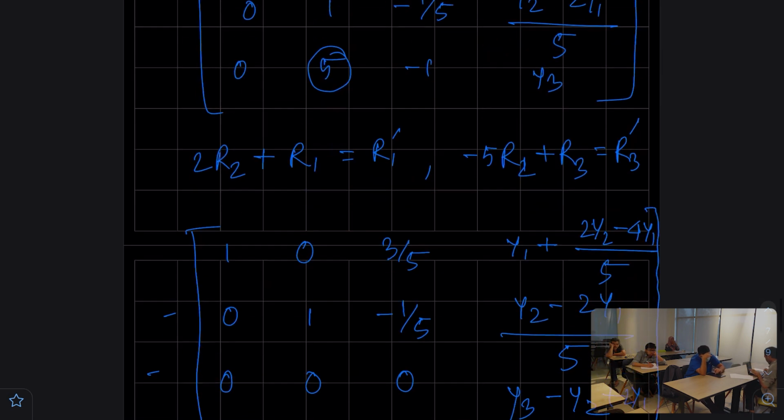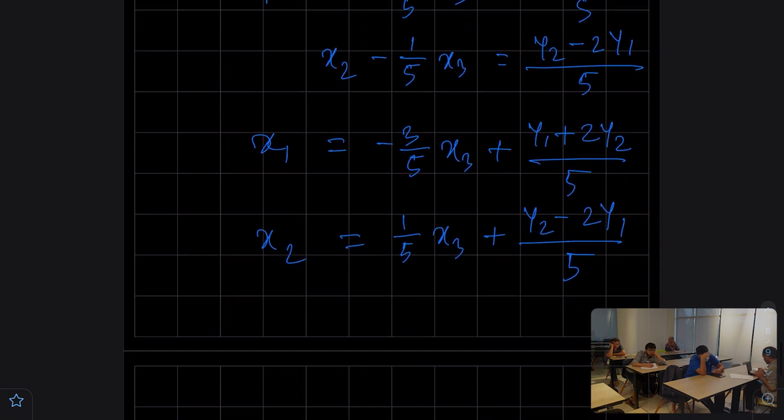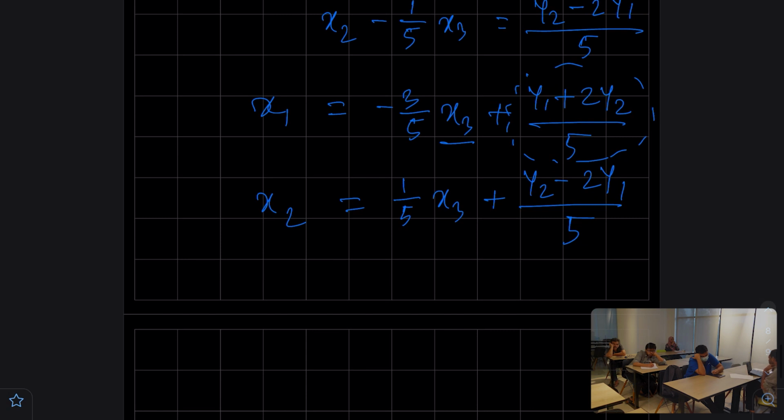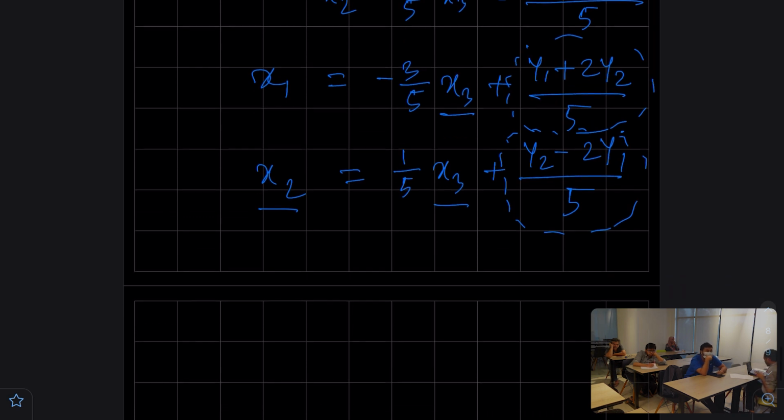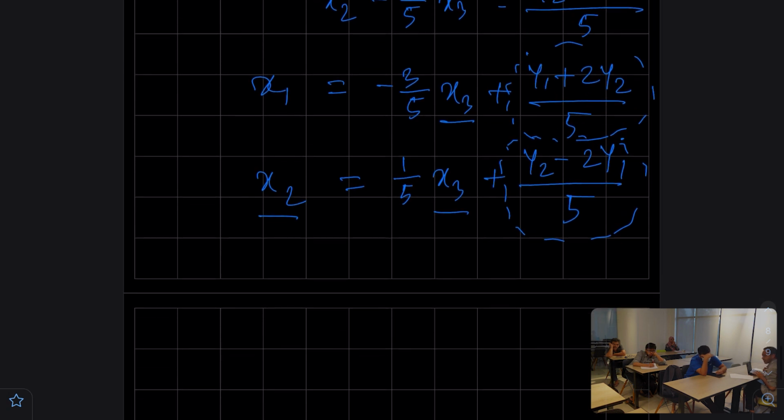And from the solution, x1 is a leading variable here, and I write x1 in terms of the free variable x3 and the scalars y1, y2. Similarly, x2 equals 1 over 5 x3, where x2 is the leading variable and x3 is the free variable, and these scalars y2, y1.